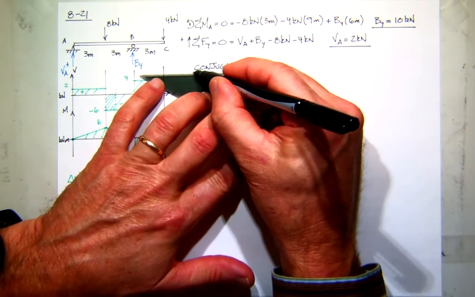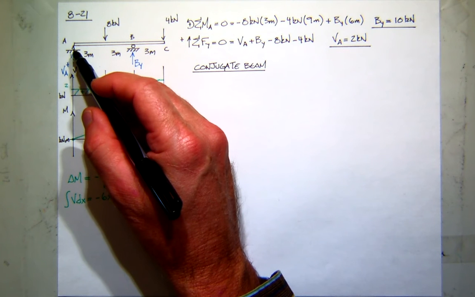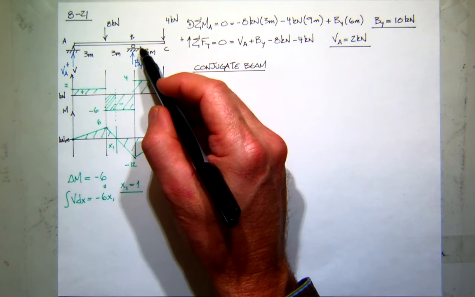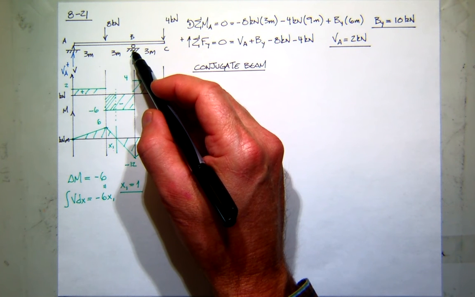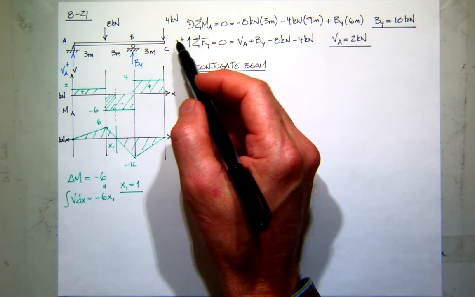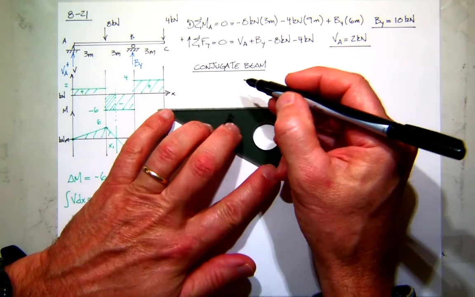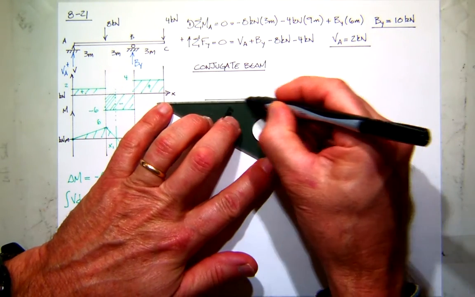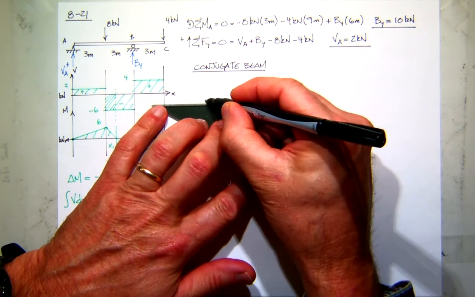An external pin is a what in the conjugate beam? External pin. An internal roller in the real beam is what in the conjugate beam? Hinge. And a free end becomes fixed. So we end up with something that looks like this.